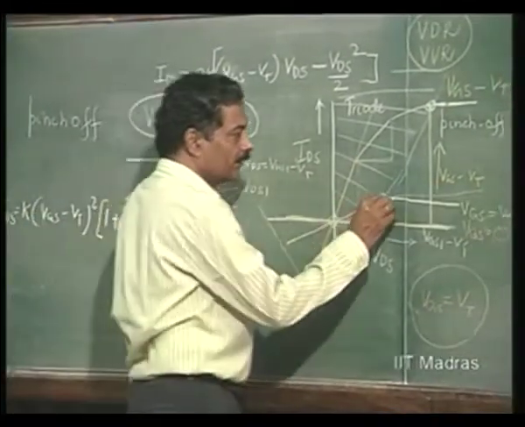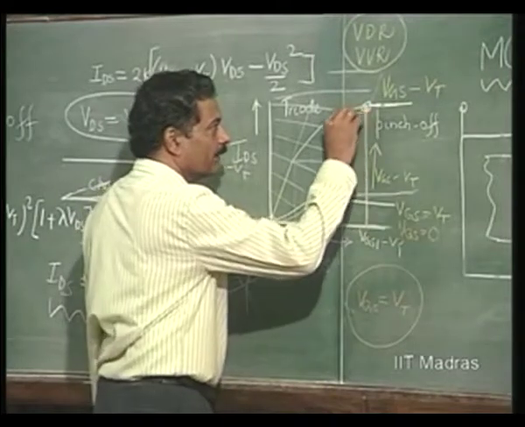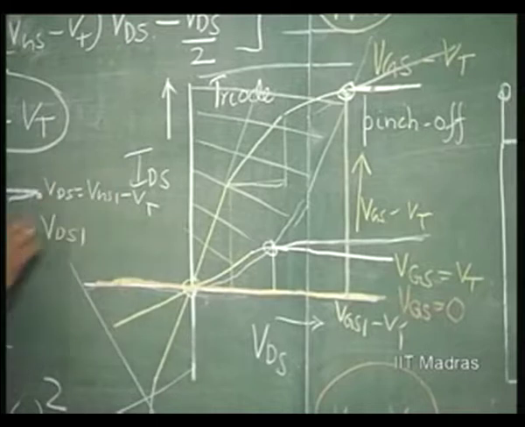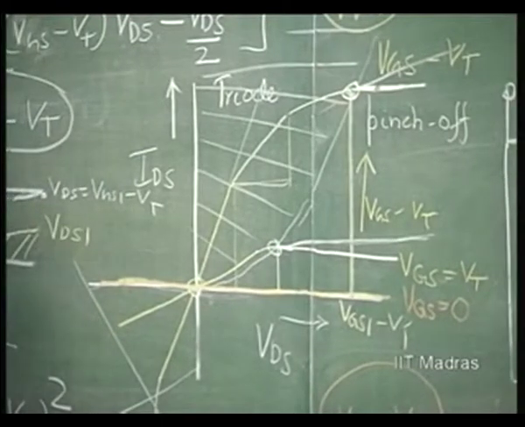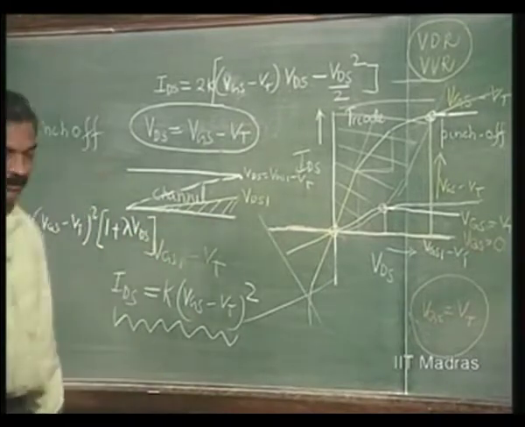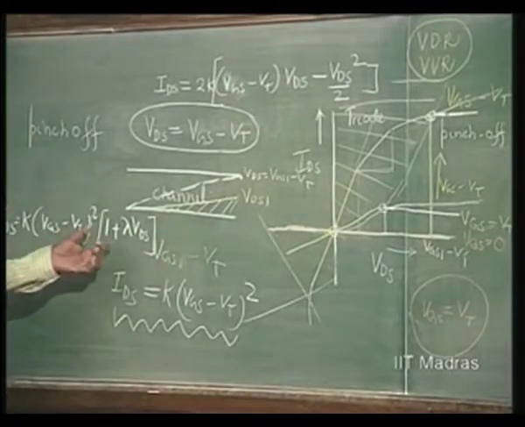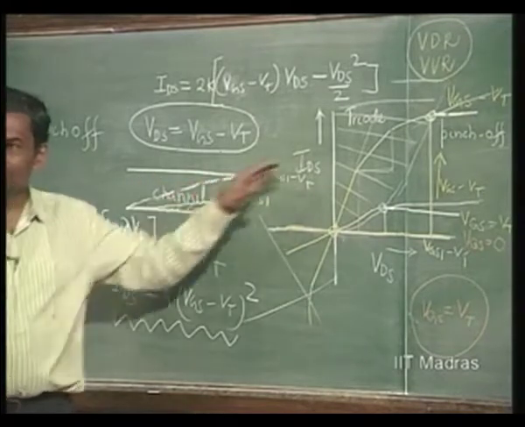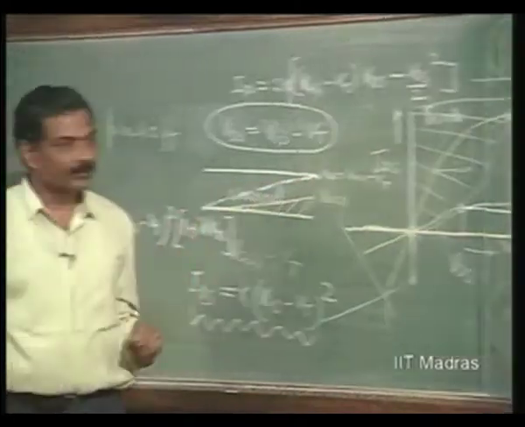If you extend it, the intercept will be somewhere on this axis. That is what is 1 over lambda. If you find the intercept along this line, it corresponds to 1 over lambda.